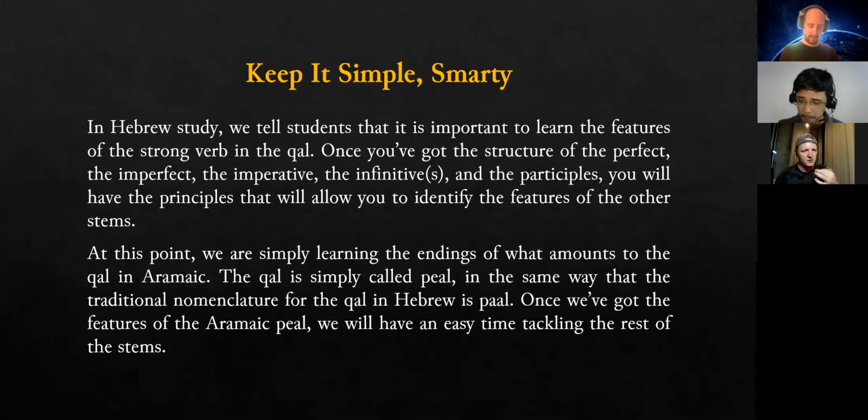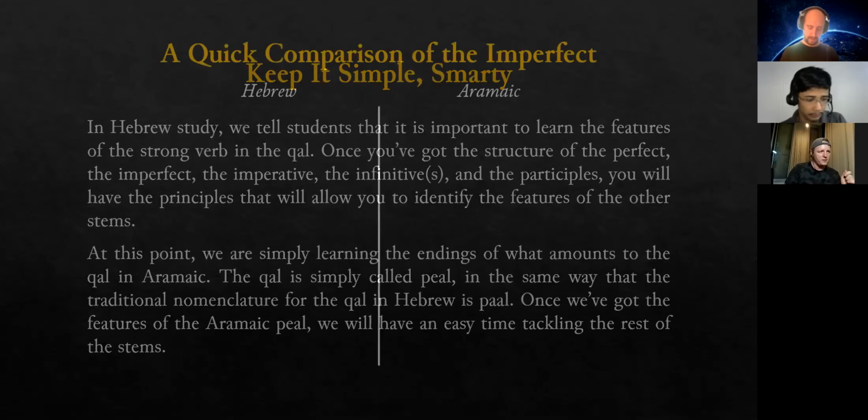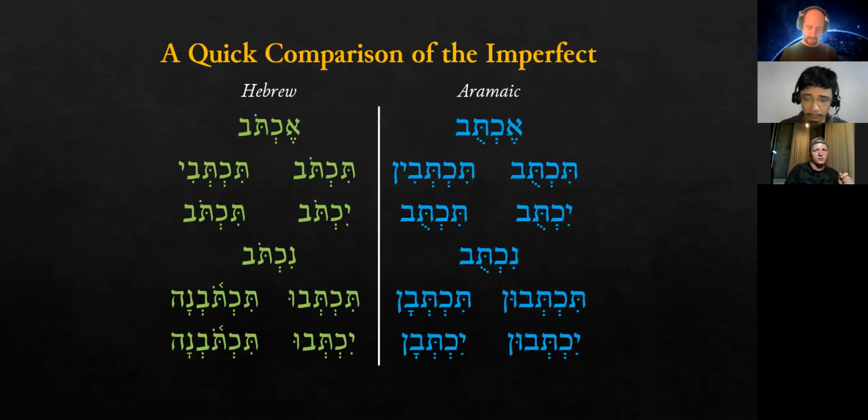The kal is simply called pe'al in Aramaic, in the same way that the traditional nomenclature for the kal in Hebrew is pa'al. Once we've got the features of the Aramaic pe'al, we will have an easy time tackling the rest of the stems, which we'll get to very quickly, not this week.